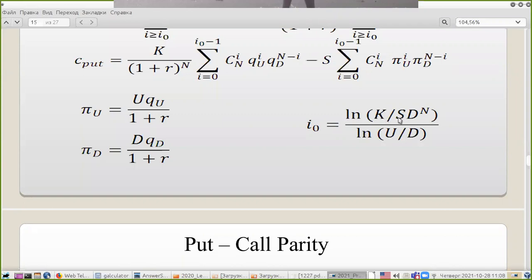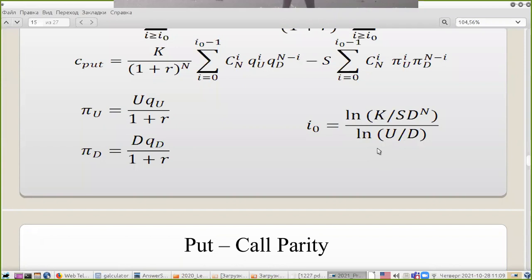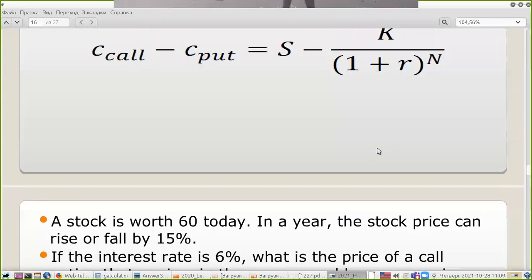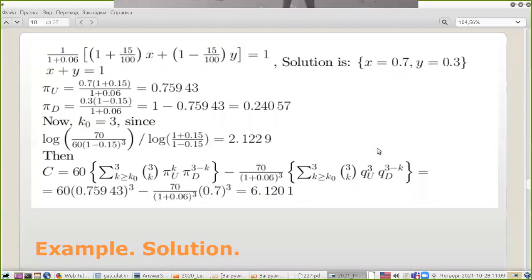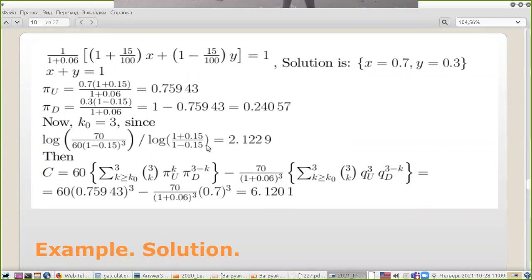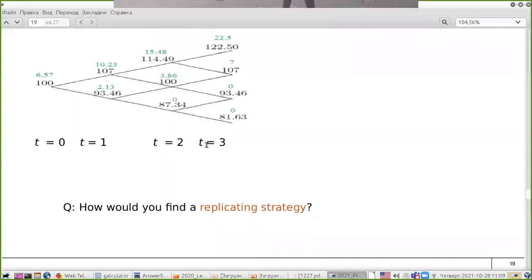How this logarithm appears: if you repeat school algebra and solve this equality, it will be sure. So the logarithm of this divided by the logarithm of this. Have you any other questions? Thank you.